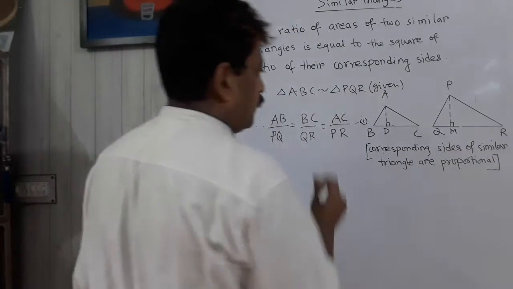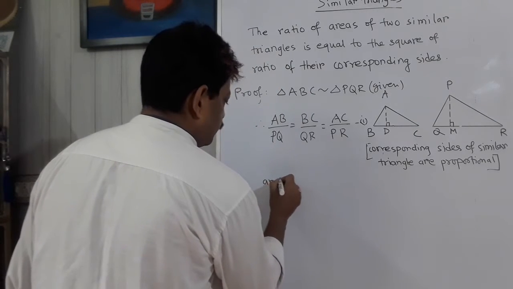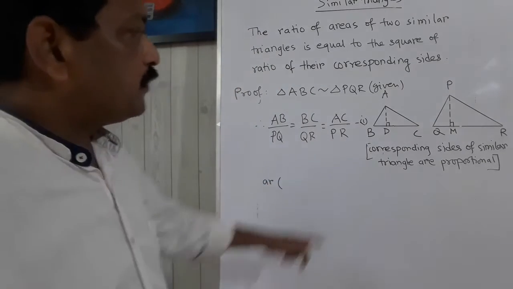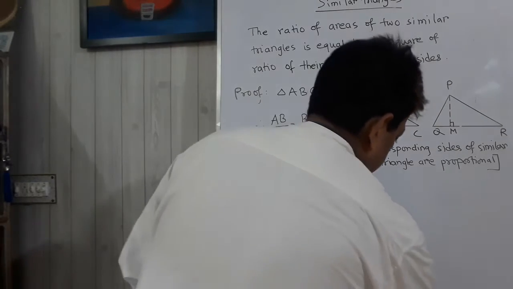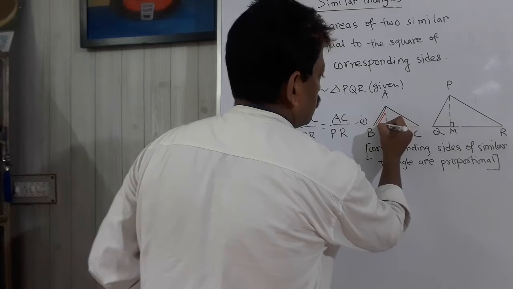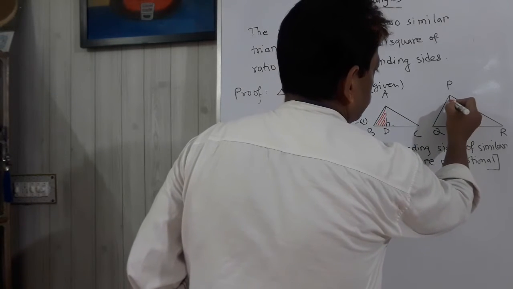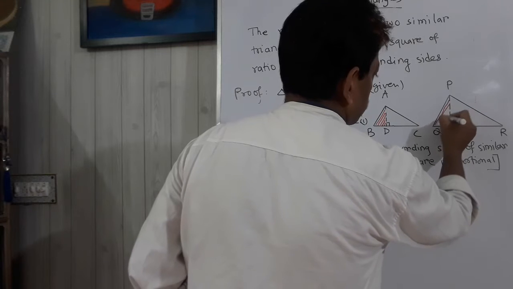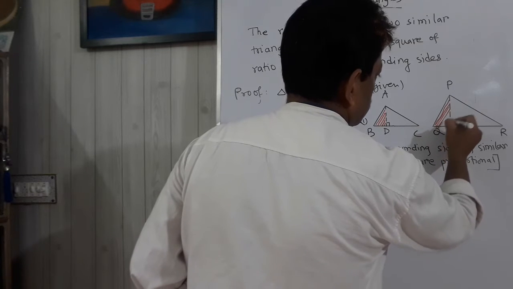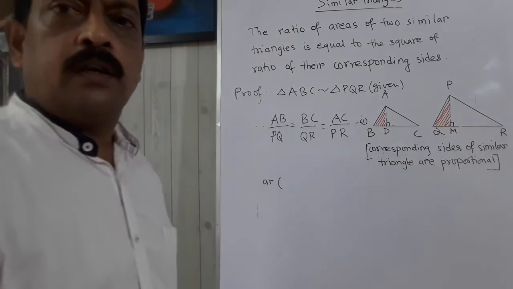Okay, now first of all, let me prove that these two triangles, that is ABD and triangle PQM, these two triangles are similar.